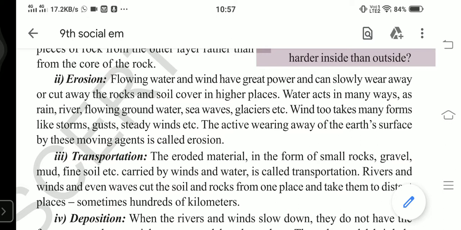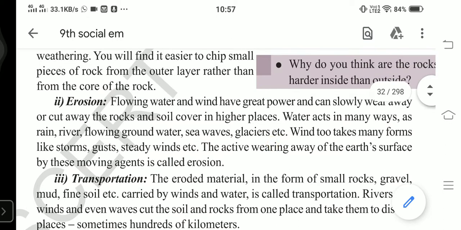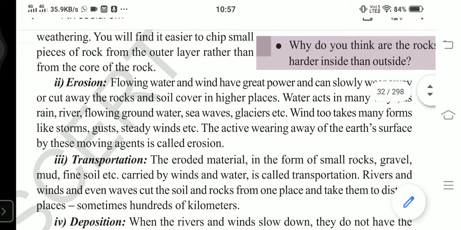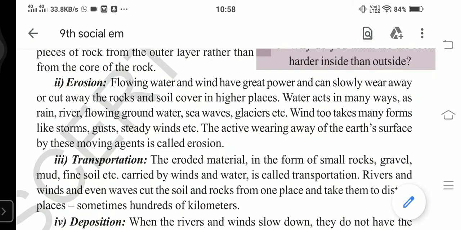It may be hundreds of kilometers, or some 20 kilometers, depending on the wind velocity, understand? So the eroded materials carried by blowing wind and water from one place to another is called transportation.